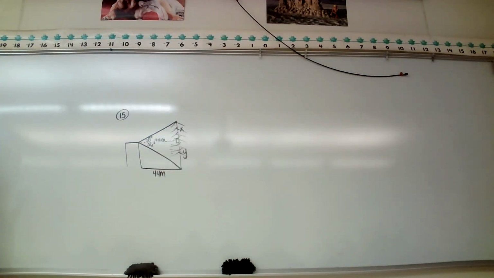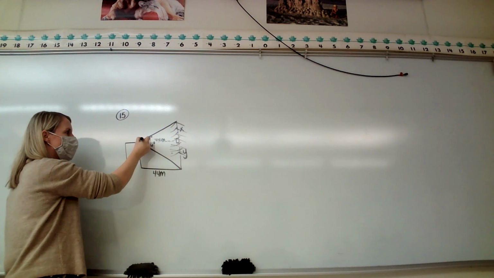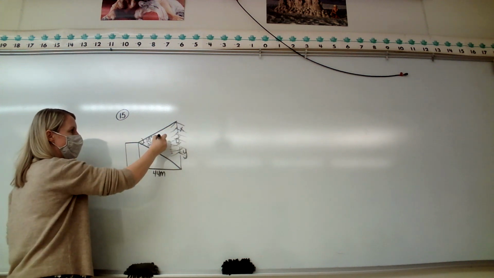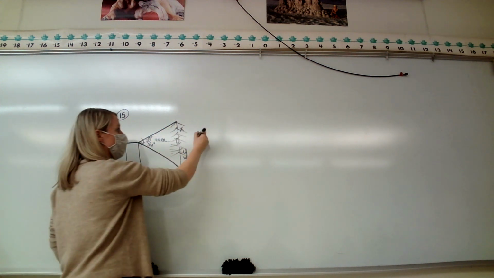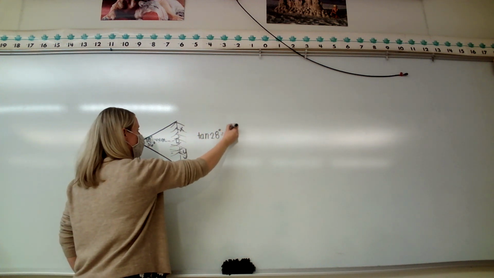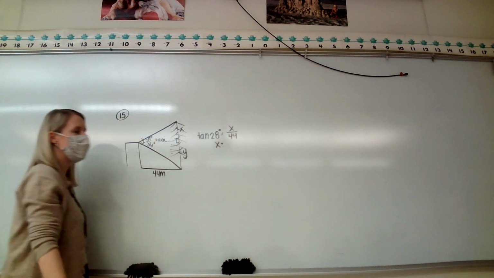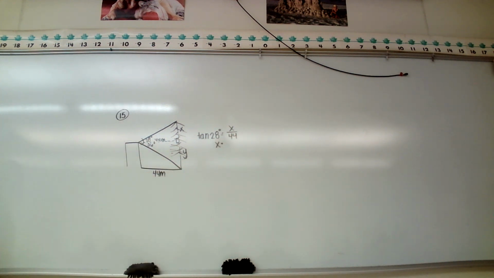So we just have to do it in 2 steps. I'll find X first, the top of the tree. We do it like we always do: angle, need opposite, have adjacent. So I'm going to use tangent. Tangent of my angle equals opposite over adjacent. And then it's a quick solve because you're just going to multiply both sides by 44.